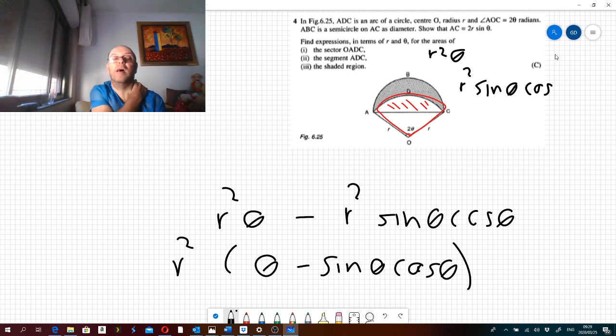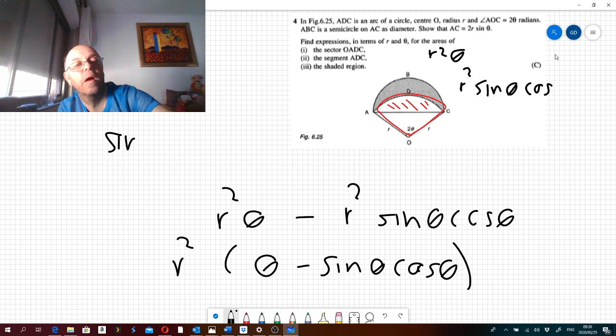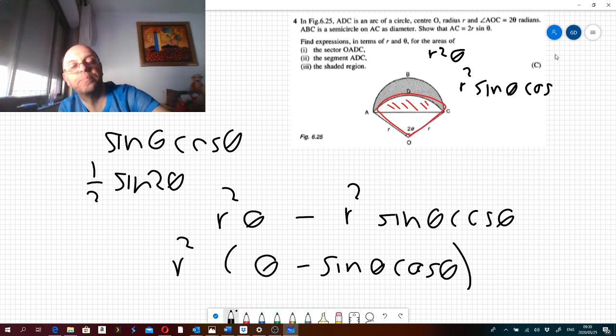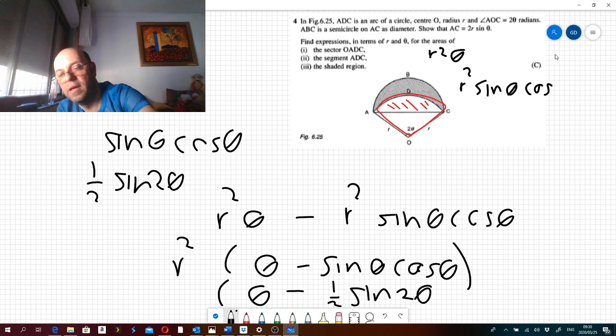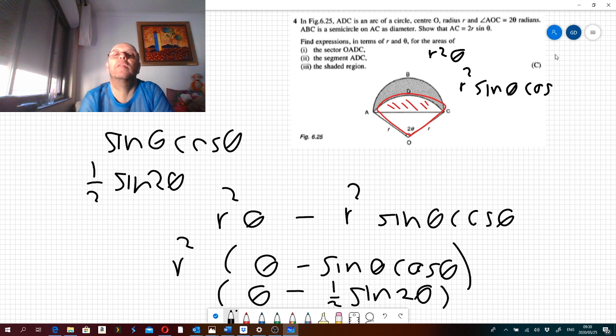I haven't checked yet, and that's because there's something called a trig identity for sine theta cos theta. Again, I'm not going to worry too much about that because your answer is correct, but you can write sine theta cos theta as a half sine 2 theta. So they may have that as an answer. If they did, just trust me on the identity. We'll get to that a little bit more in the future.